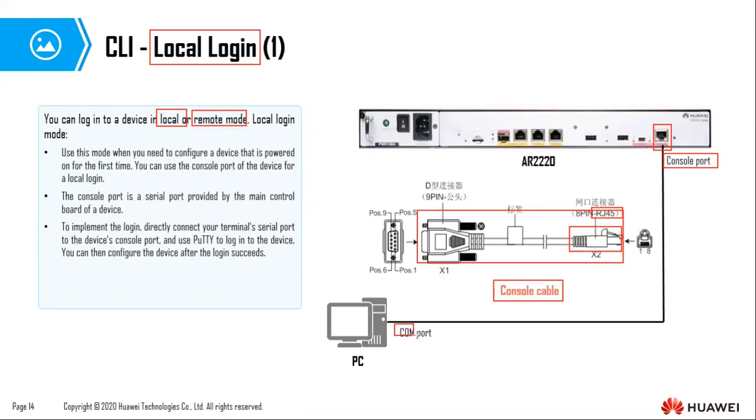Then on your computer, you might have a serial port called a COM port where you connect this. So it is important that when you purchase the computer that your network engineer is going to use to monitor and configure the network, you check whether it has this serial port.